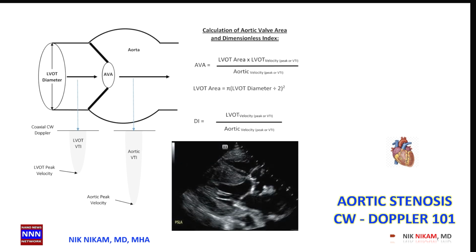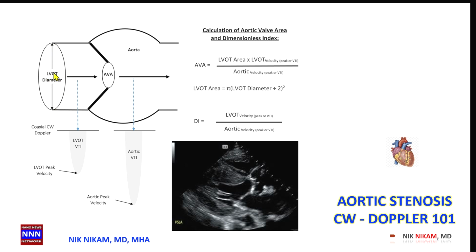And here's the formula that is used to calculate the aortic valve area. We know the diameter of the left ventricle by measuring the distance from where the leaflets are attached here to the other side. The diameter is the left ventricular outflow tract diameter, and half of that will be the radius.